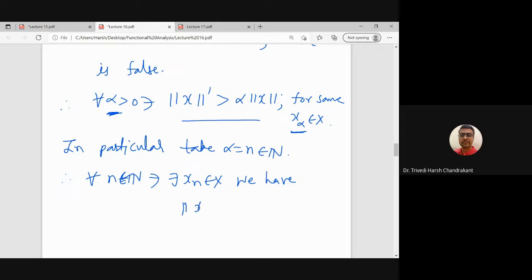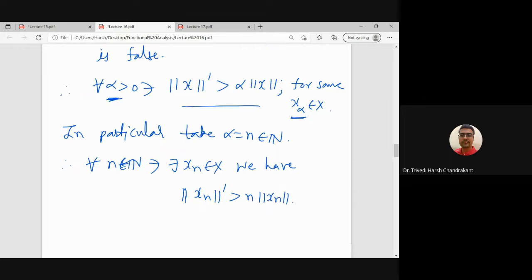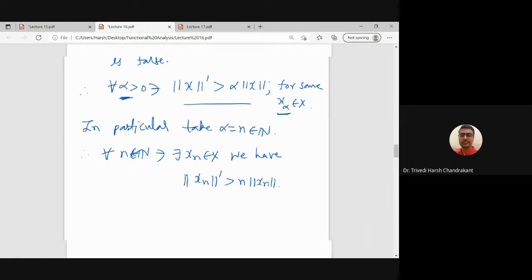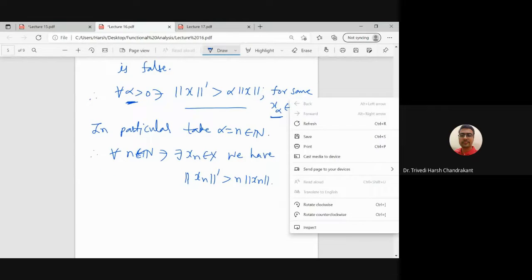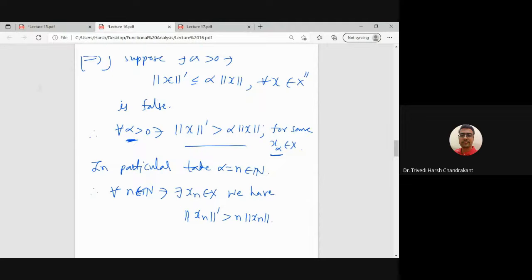So that is norm xn dash greater than n times norm of xn. Right. So this we got by the negation of the statement.